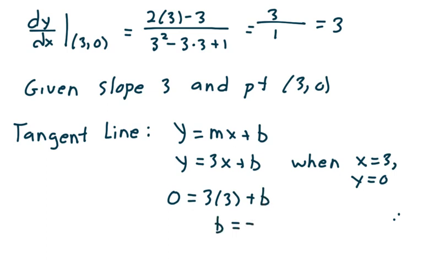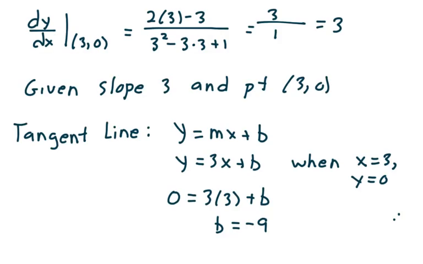So b is negative 9. That's it. And so therefore, y equals 3x minus 9. And this is the equation of the tangent line.